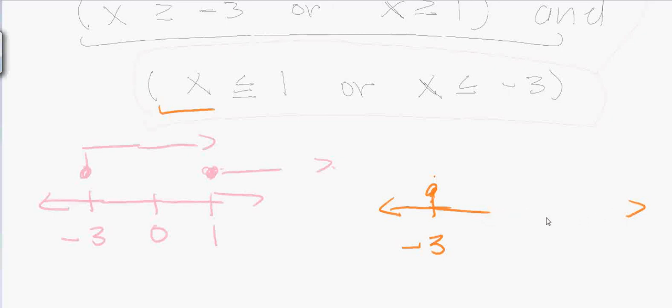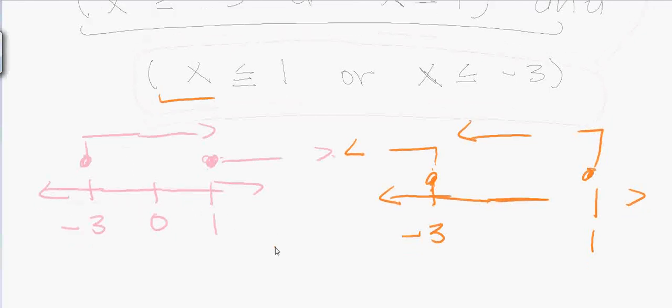Now, the important thing to say here is that these two points are essentially the same points going in each other's direction. In order to satisfy both, it must actually not be greater than this point or less than that point, but rather between exactly negative 3 and positive 1, in order for the AND statement to be true.